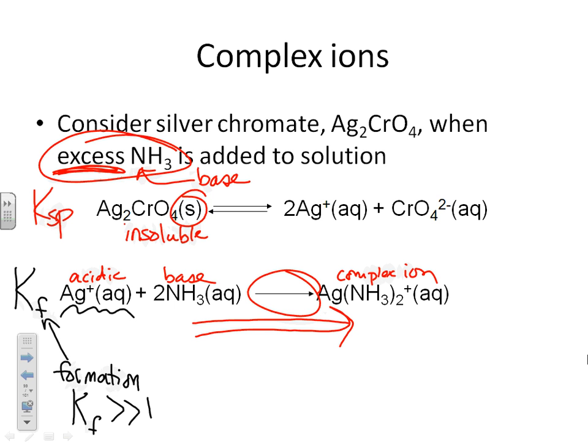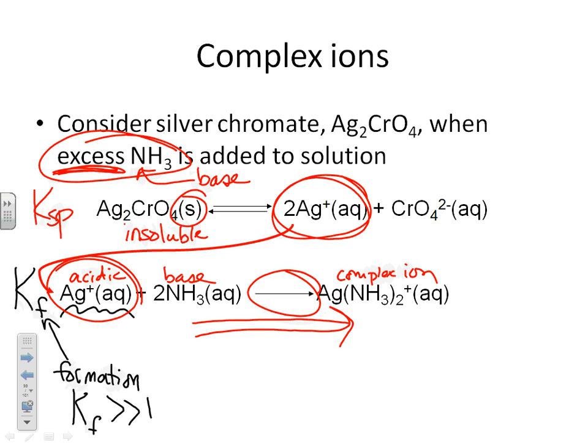Where is the silver ion coming from for this second reaction? Because we know where the ammonia is coming from. We're making this with excess ammonia, so it's essentially just in your beaker. But the silver ion is coming from the first reaction. We're taking that silver ion and moving it to be the reactant in a second reaction.